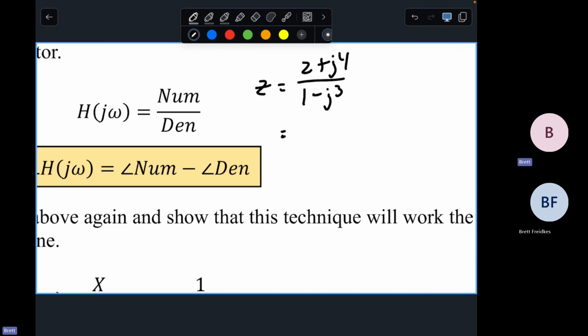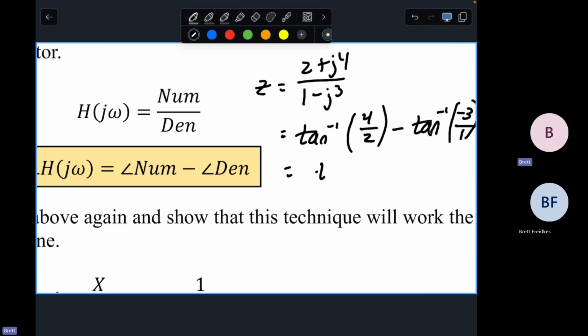This will be the arctangent of 4 over 2, the imaginary part over the real part, minus the arctangent of the imaginary part over the real part. So that's the same as the arctangent of 2 minus the arctangent of negative 3.